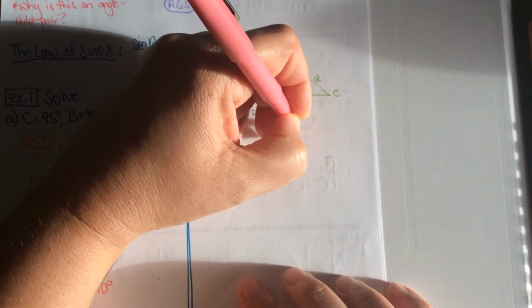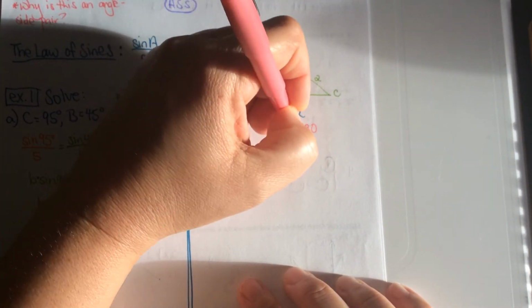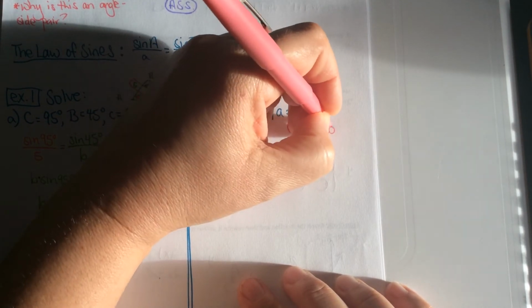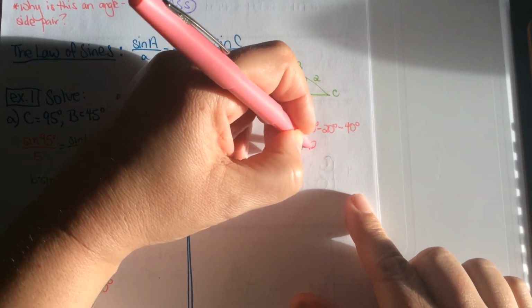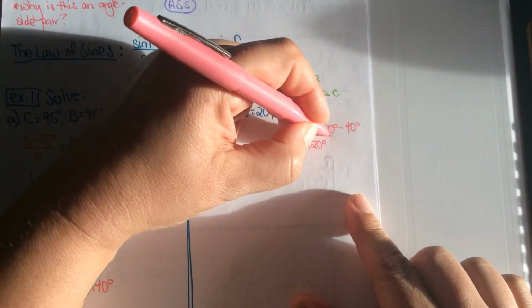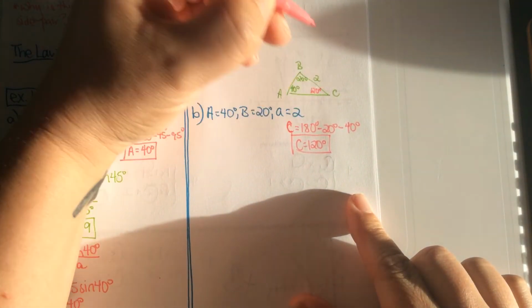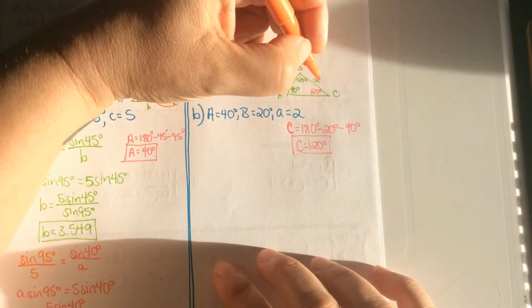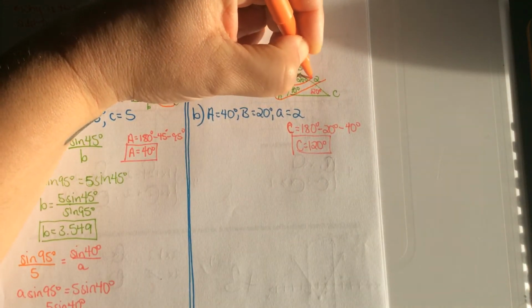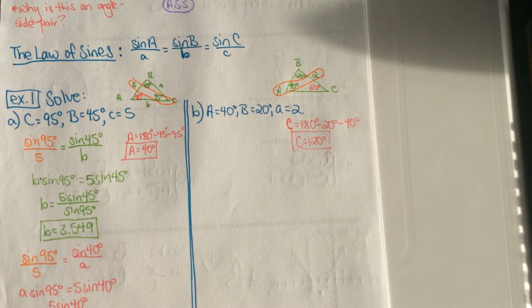Maybe we find angle C first. What is this, 60? So C is 120. And then we have our side and angle pair that's given, a side and an angle across.